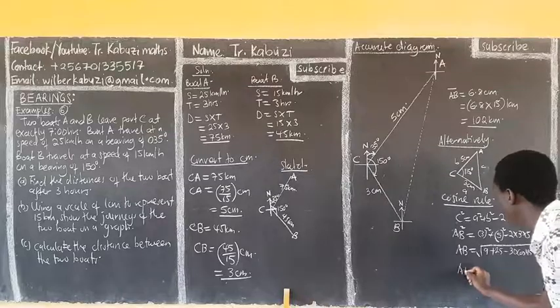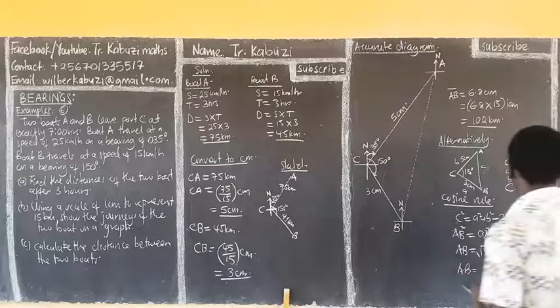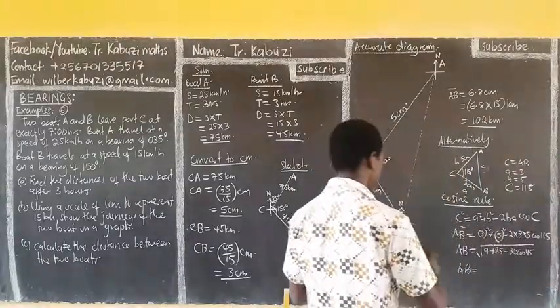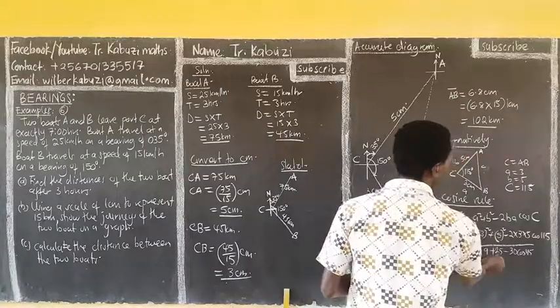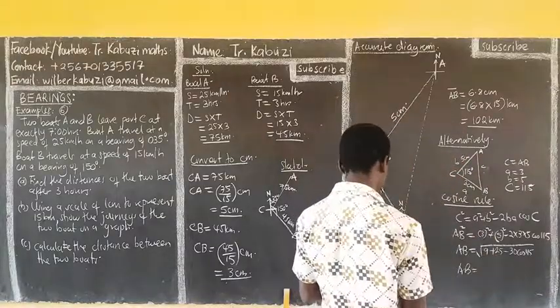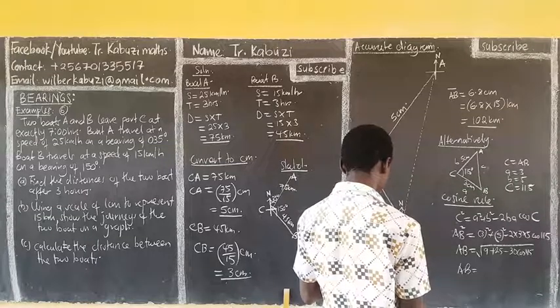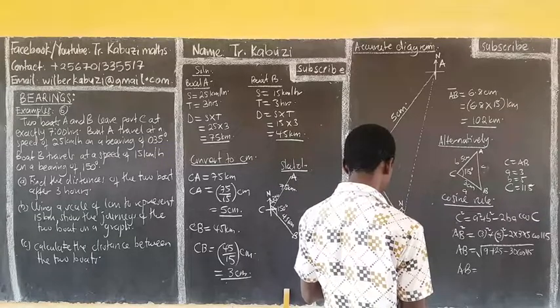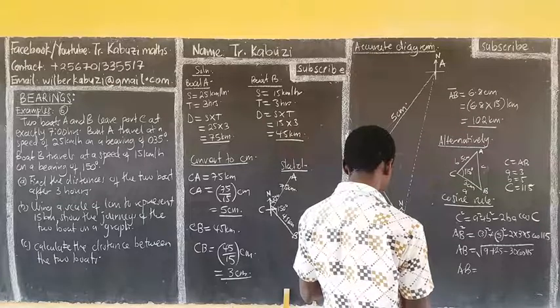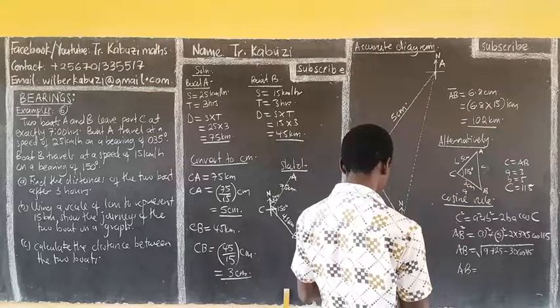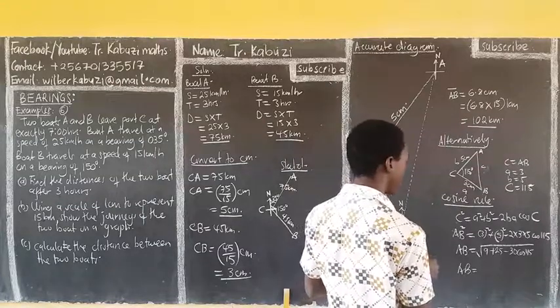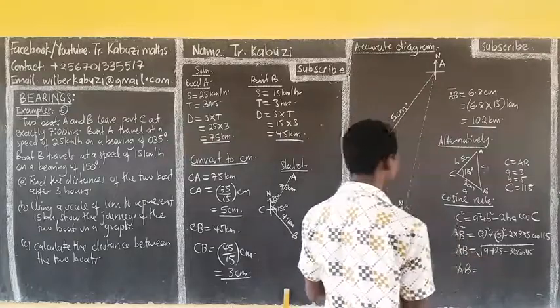Then your AB will be... so we press this on the calculator. 30 cos 115 is equal to that. Then plus this.